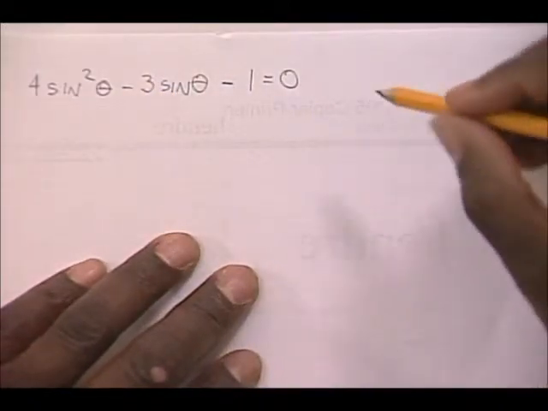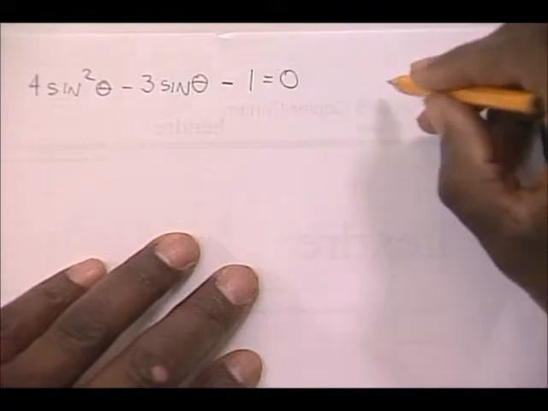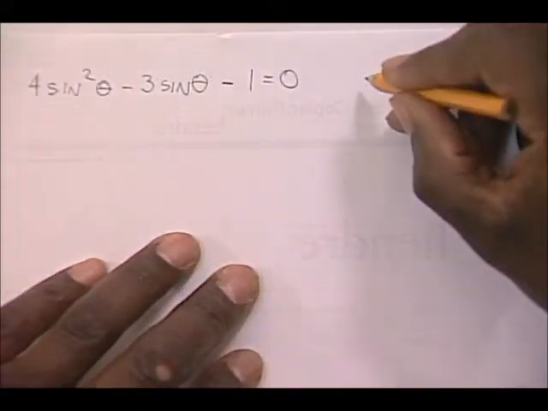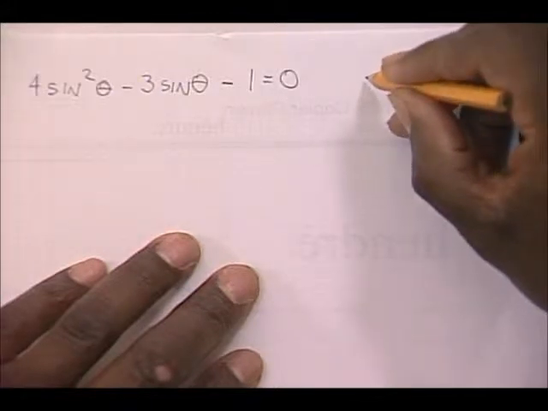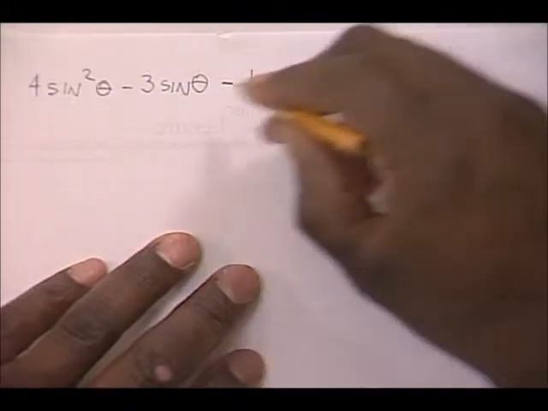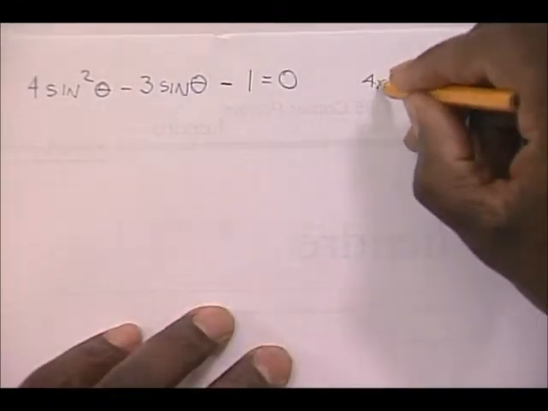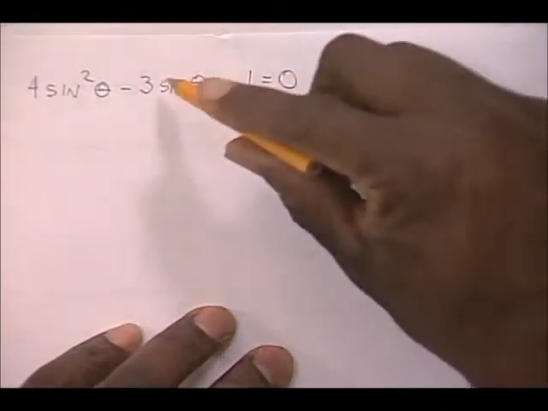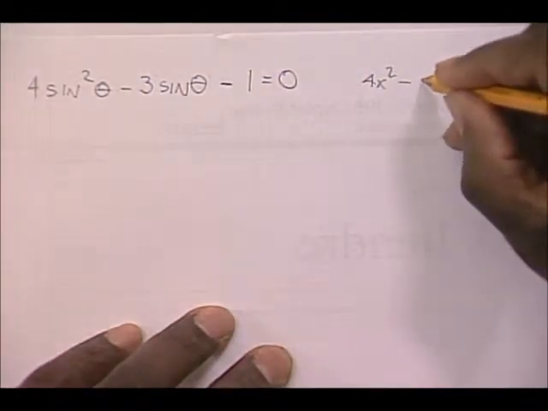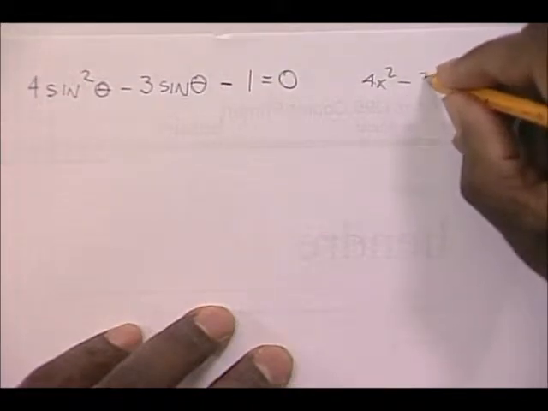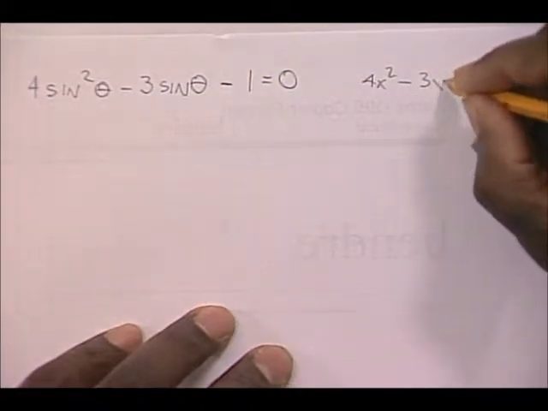What I tell my students is to rewrite this to get rid of all confusion. Replace the sine with x. Instead of 4 sine squared, make that 4x squared. Instead of minus 3 sine theta, make that negative 3x.